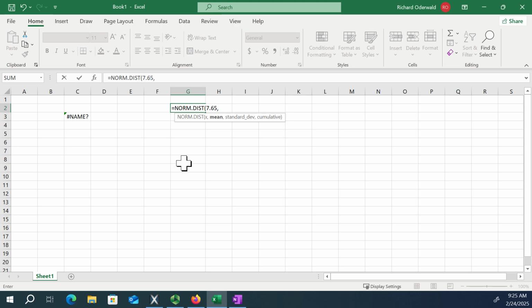And I have to tell it the mean and the standard deviation again. 7.625, 0.02, and everything we do with area is cumulative.